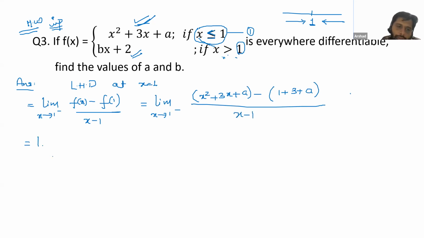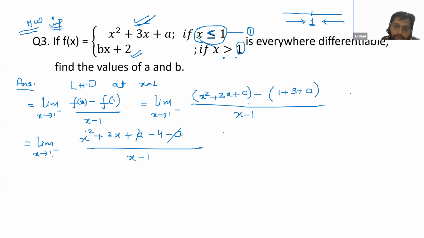Now here you have x minus 1. So we will open this bracket, limit x tends to 1 minus, x square plus 3x plus a, then you have 1 plus 3 is 4, so minus 4 minus a, by x minus 1. So cancel out this a. What you are getting here is limit x tends to 1 minus, x square plus 3x minus 4 by x minus 1.